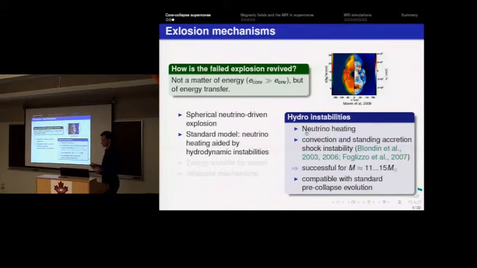Leonhard Scheck has studied the SASI instability in more detail, and there it works.